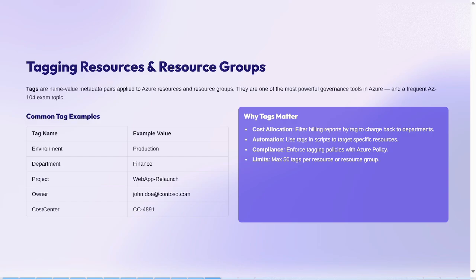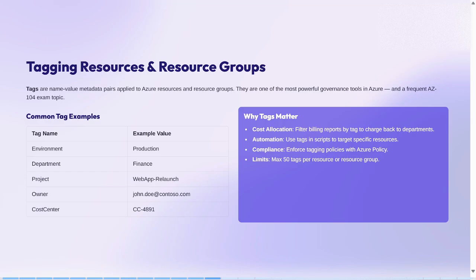A tag is a name-value metadata pair that can be applied to Azure resources and Azure resource groups. Think of tags as labels attached to your resources. For example, you can add a tag environment equals production. This immediately tells administrators that the resources belong to the production environment.